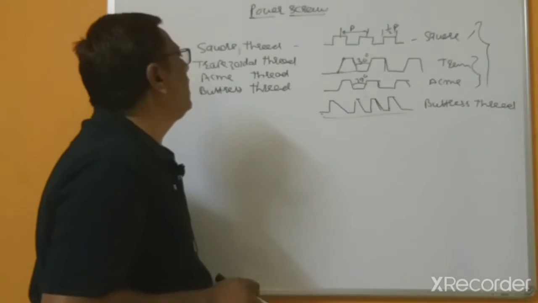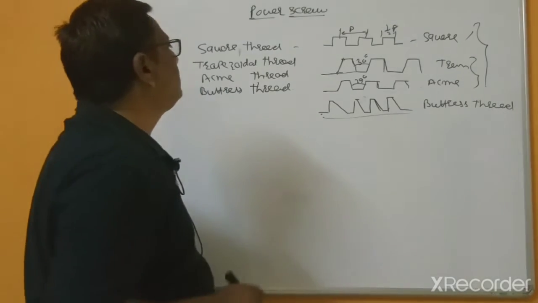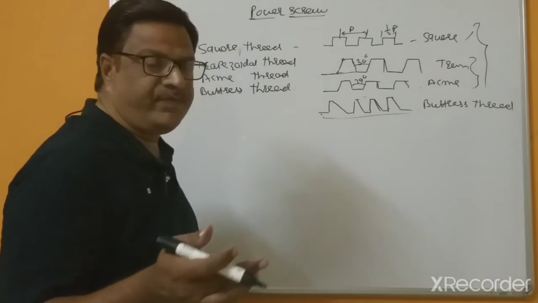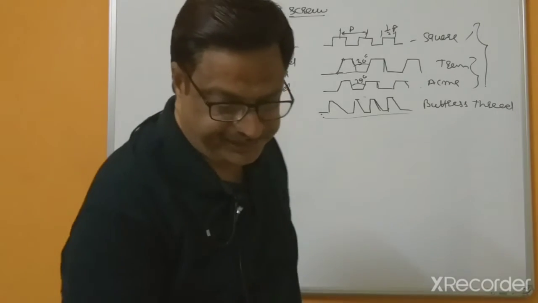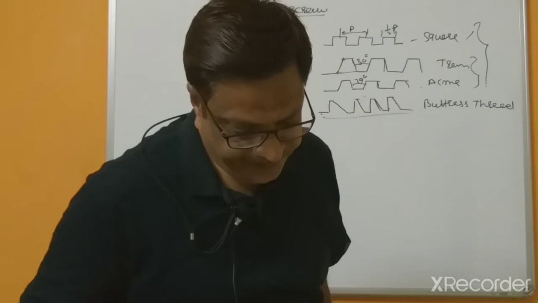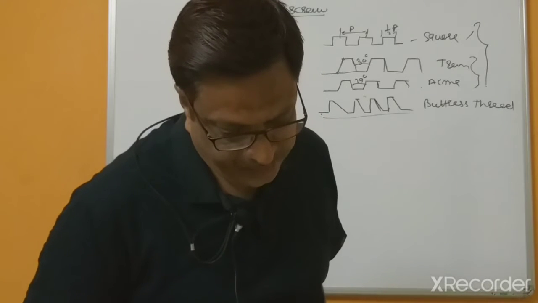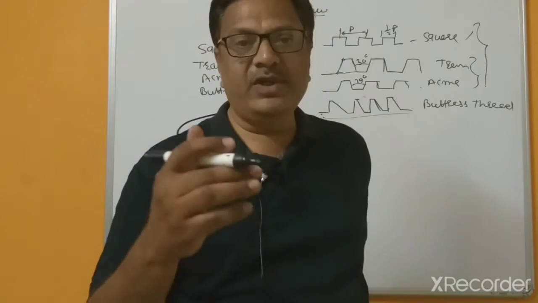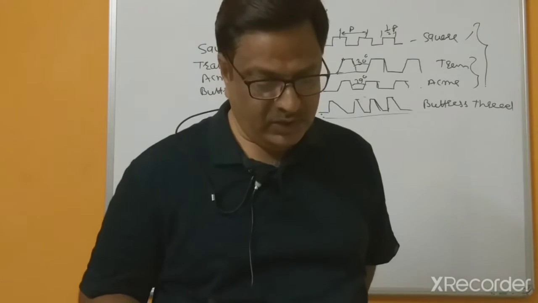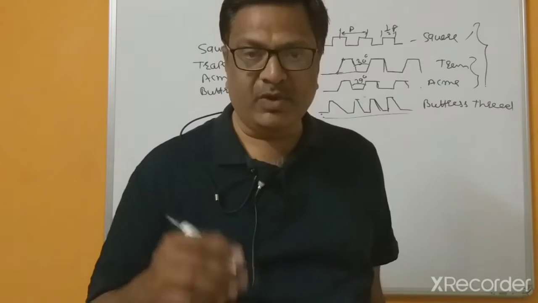So these are the types of threads which can be used for power screws, for lifting up and lowering down of the loads. V type threads are used where more accuracy is required, because of the very low production cost.